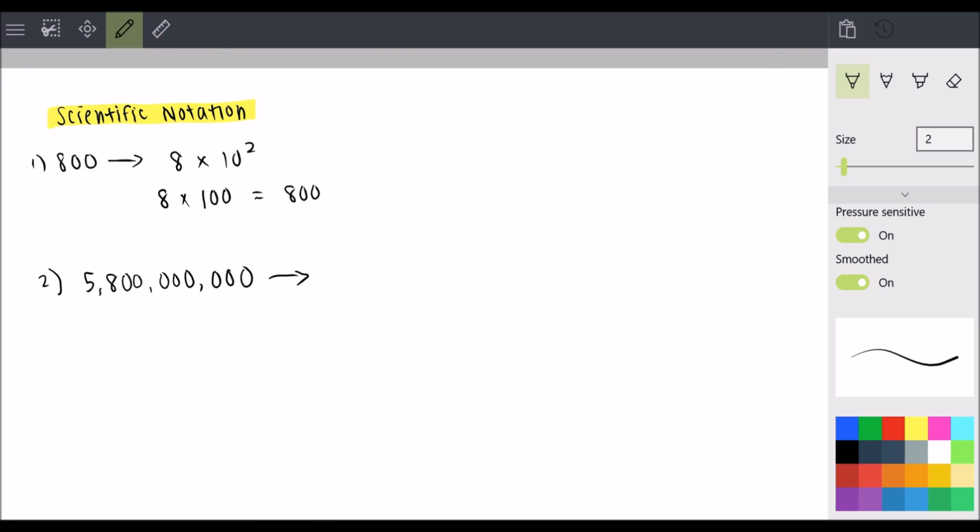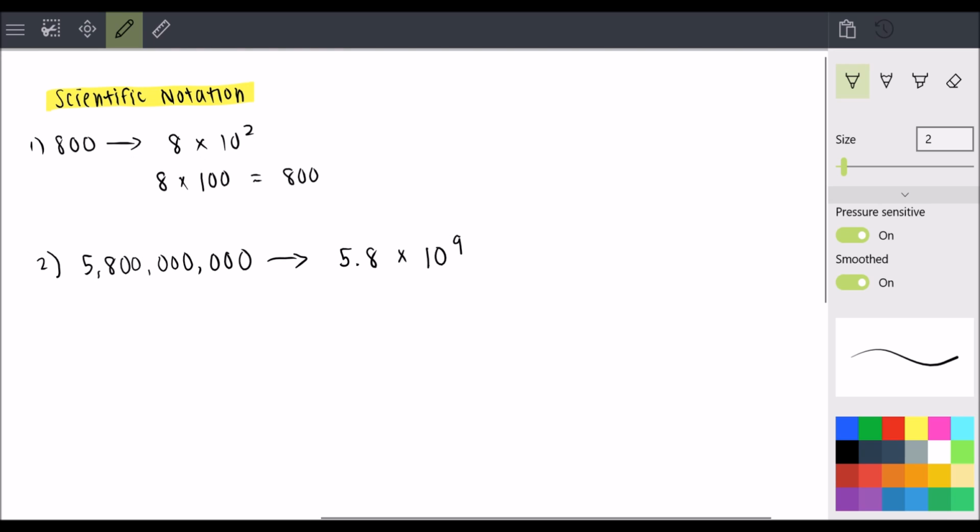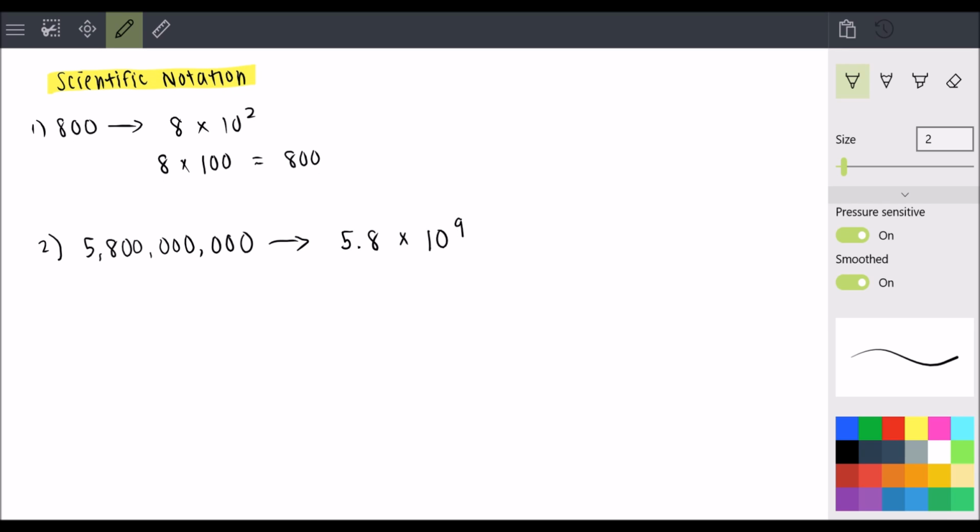So we would turn this into scientific notation as 5.8 times 10 to the 9th. Here we can see that 5.8 is our N. This works because N is supposed to be between 1 and 10, and 5.8 is. Our integer, our A, is 9, and in this case it's positive because our number is bigger than 10. It's huge, so we multiply it by 10 to a positive integer.